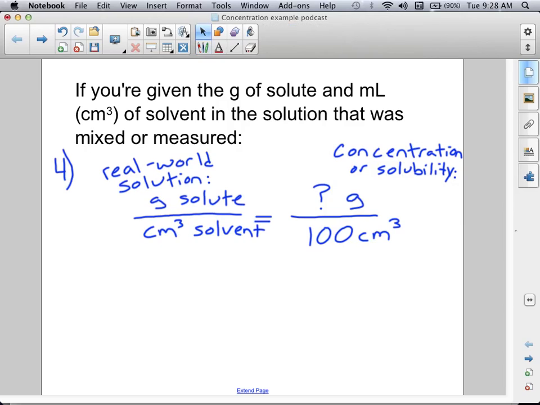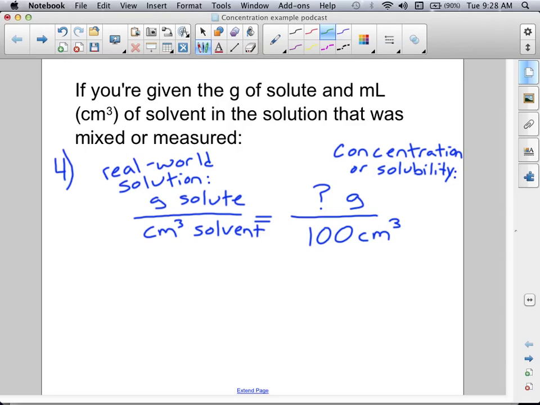Let's do an example. Question number 4 reads, if it takes exactly 15.0 grams of solute to saturate 67.0 centimeters cubed of water, what is the solubility of this solute in water?